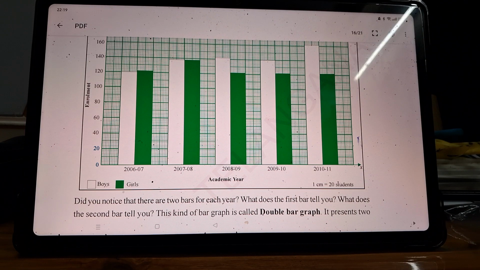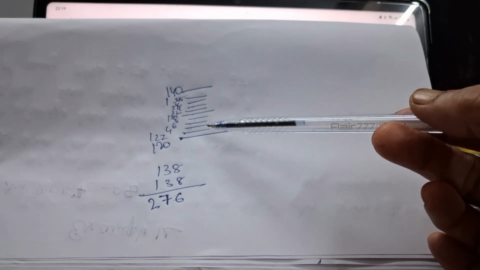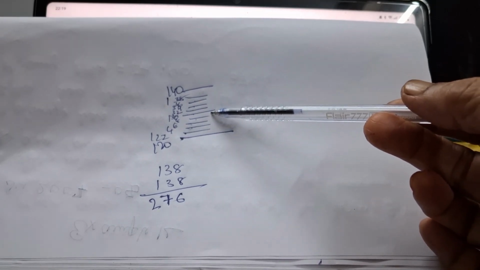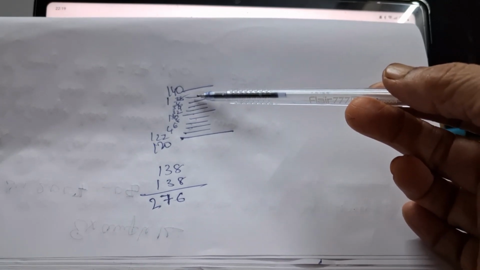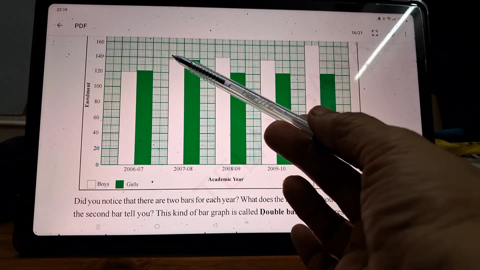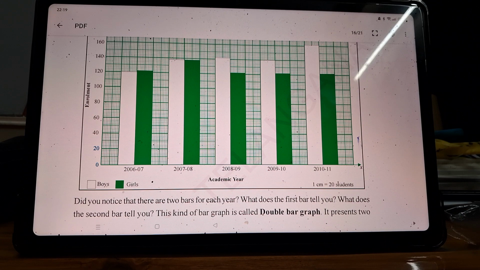So the explanation I have done here, I think it will give you a clear understanding. This is 120, 122, then 124, 126, 128, 130, 132, 134, 136, 138, because the next one is 140. So here it is 138. Boys 138, girls 138. Total together their number is 276.